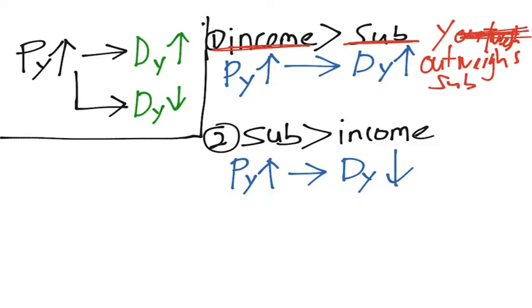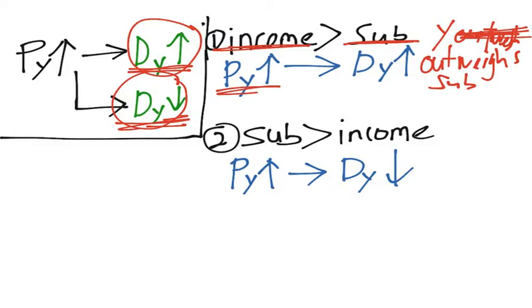The income effect causes the demand to increase and the substitution effect causes the demand to decrease. So when the income effect outweighs the substitution effect, the demand of Y increases more than it decreases. So when the price of Y increases, the demand for Y increases also. We call this good an inferior good.